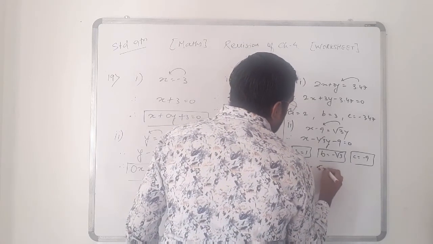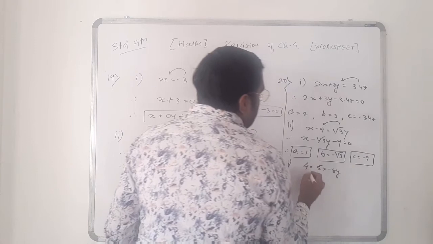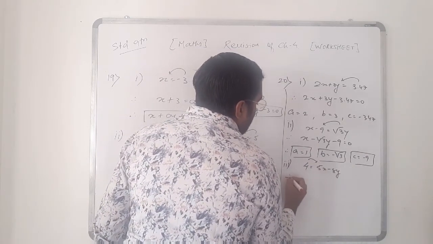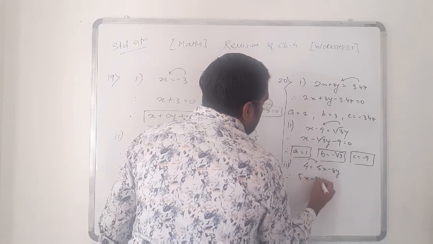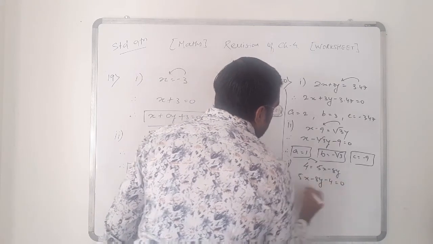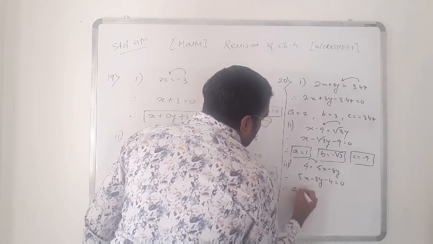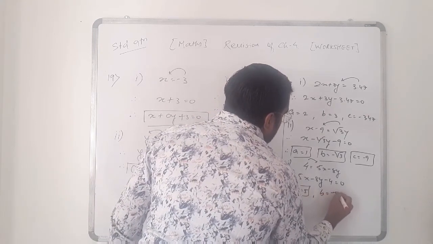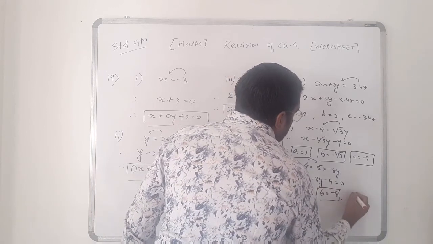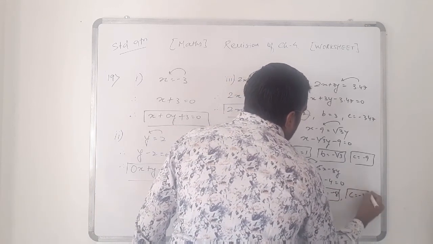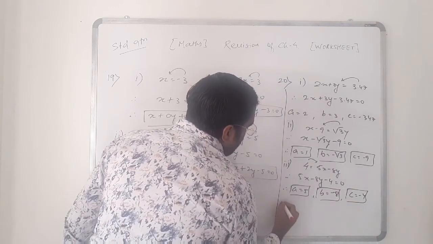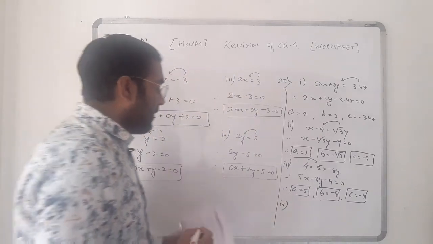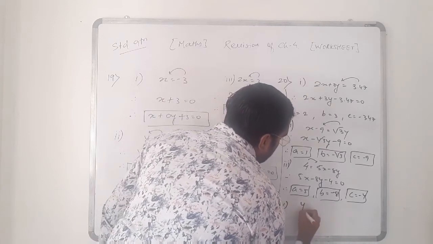Now 4 is shifted to the other side, so 5x minus 8y minus 4 equal to 0. So a equal to 5, b equal to minus 8, and c is equal to minus 4. Clear that?